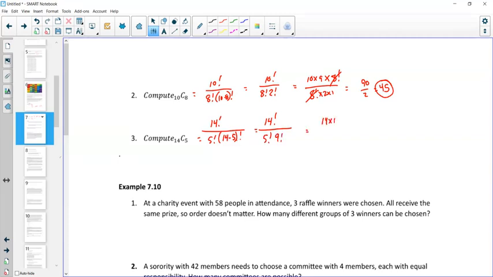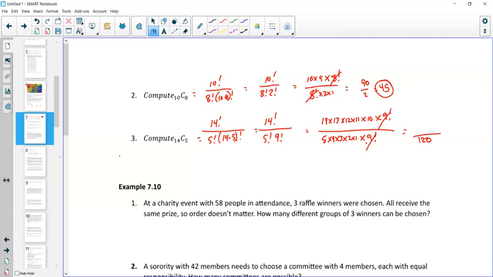So 14 times 13 times 12 times 11 times 10 times 9 factorial over 5 times 4 times 3 times 2 times 1 times 9 factorial. 9 factorials cancel out. I know this one is 120.